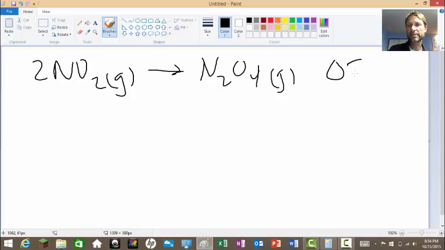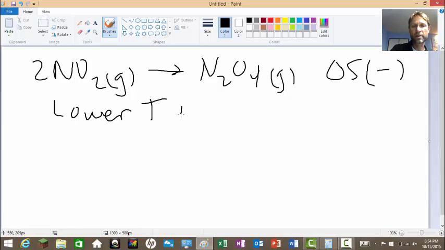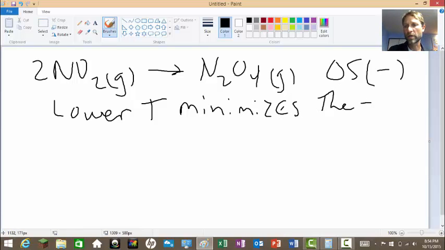Since delta S is negative, lower temperature minimizes the minus T delta S term. And since it's a minus T delta S and delta S is negative, then this whole term becomes positive, and that works against spontaneity, or a negative delta G.